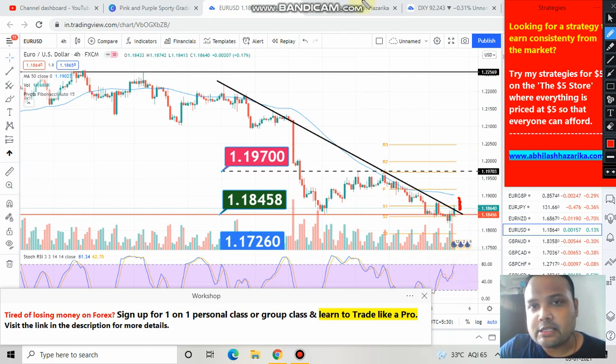Right now you can see the stochastic RSI in the overbought zone. Let it come to the oversold zone. When it goes up from there, look at the position of the price. If you see that it is still trading above this black trend line, then you can go for a buy order clear cut. If you find the stochastic RSI trading above this black line and this support level, you can easily go for a buy order.